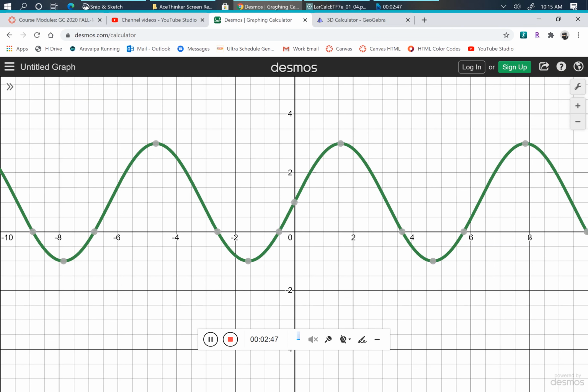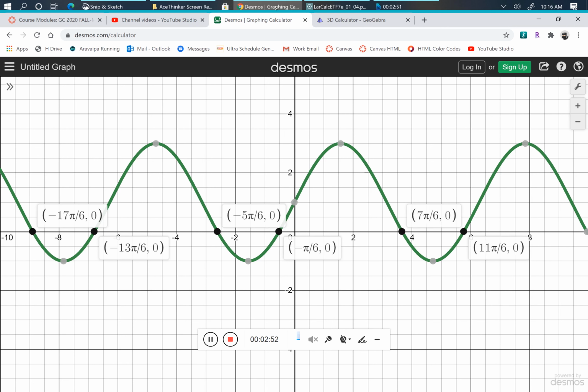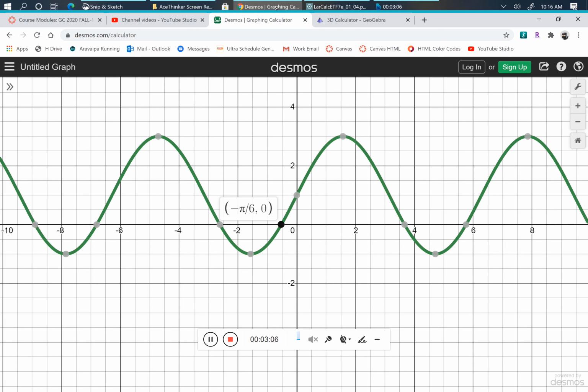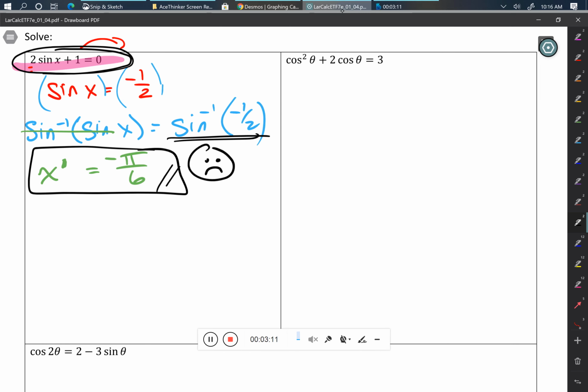Now, if you see, there are many solutions to this. My challenge is, how do I make sure that I tell the world I've found all those solutions? Because right now, the only thing I've done is I've found this one solution right here of negative pi over 6. So while that is a solution, technically, it doesn't represent all of the solutions.